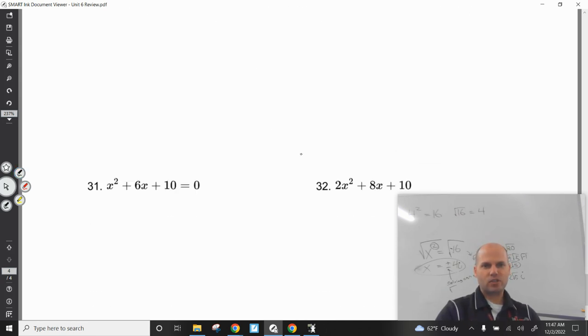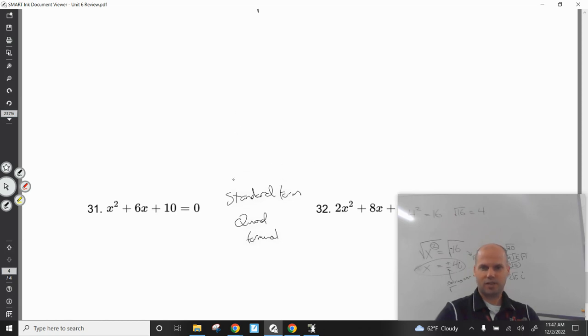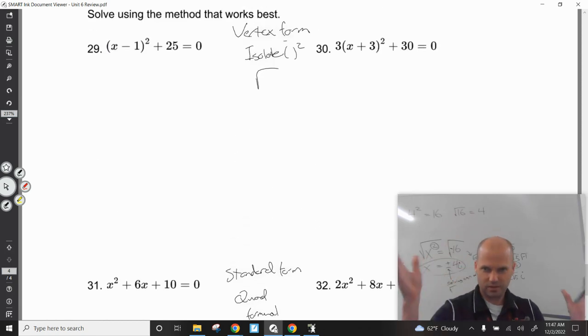If you have standard form, ax squared plus bx plus c, quadratic formula, which also uses square roots and pluses and minuses. It's like the same, just different how you do it.